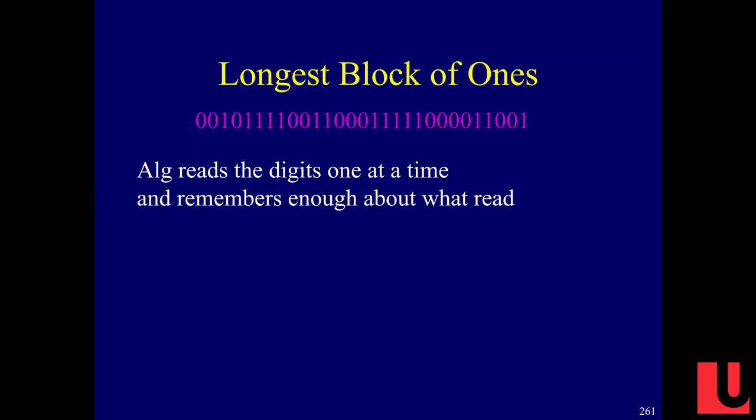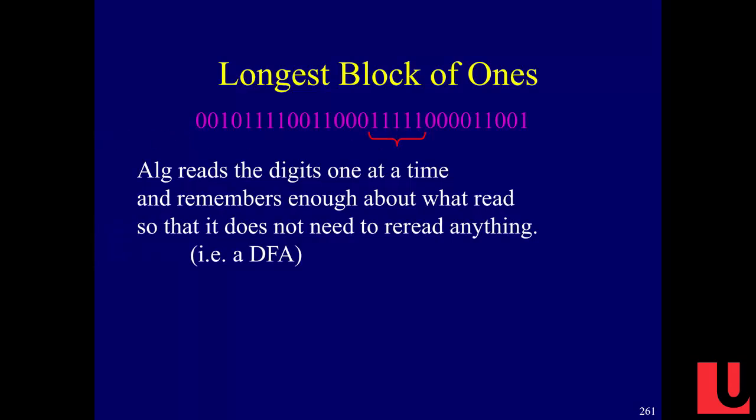So what you want to say is, if we've read that so far, what do you remember so that you don't have to go back? So it's like a DFA. What do you remember? Obviously, you're going to remember the longest block so far. That's the solution. If that was the input, then the solution tells me the longest block.